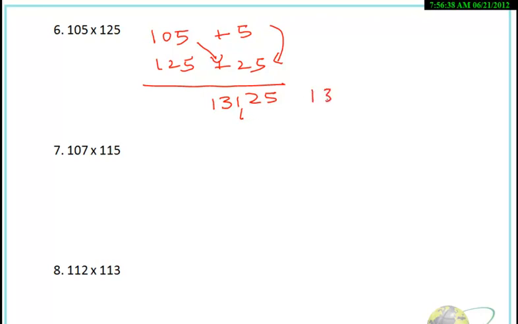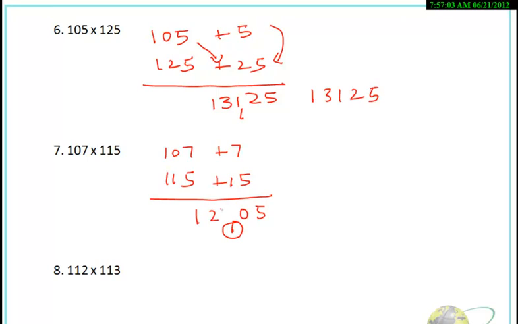So the final answer is 13125. Similarly 107, 115, it's plus 7 from 100. It is plus 15 from 100. 15 into 7 is 105. Just write 05 over here and we will carry 1. 107 plus 15 will give us 122 plus this one, it's 123. Okay, friends.